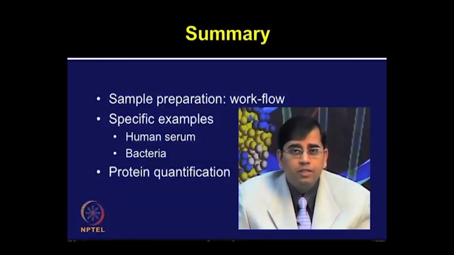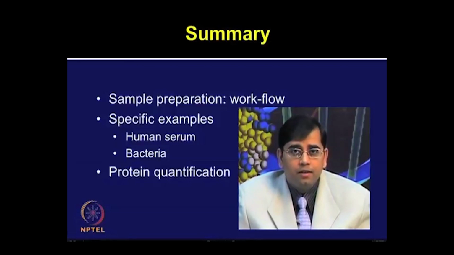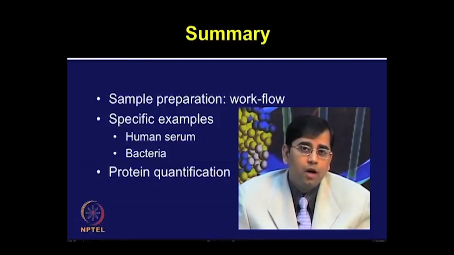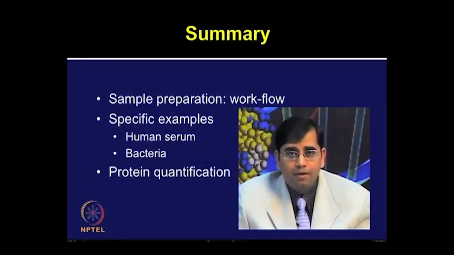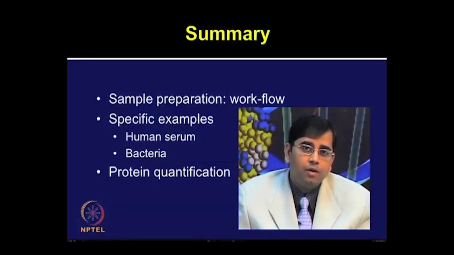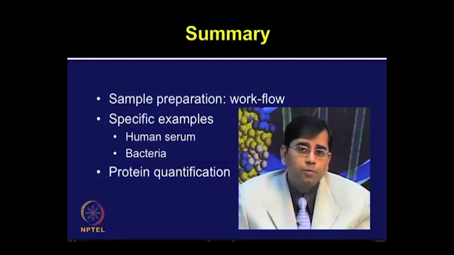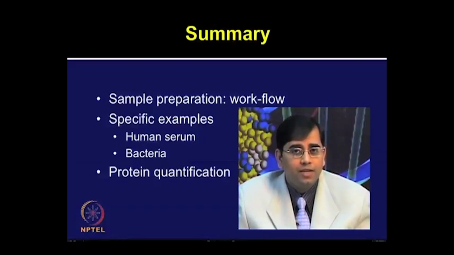We discussed in more detail different types of criteria being used for analysis of clinical samples, and then we talked about how to analyze human serum samples. Then we discussed bacterial protein extraction and how one can analyze the bacterial proteome. Finally, we talked about protein quantification, how to determine the protein quantity present in your given sample.